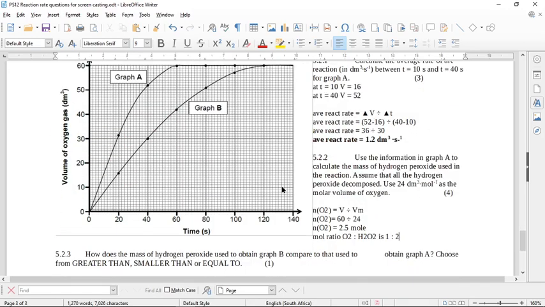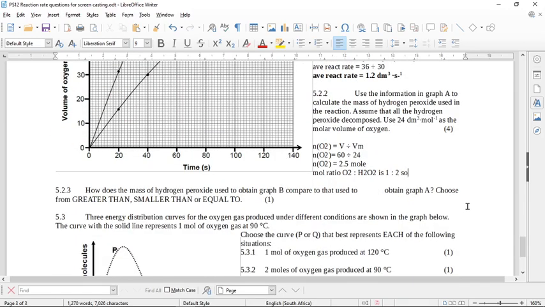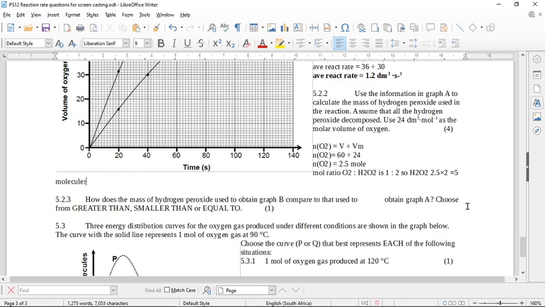So you're supposed to set this out more neatly, but we're running out of page. Okay, so if we've got 2.5 oxygen, the hydrogen peroxide is going to be times by 2, which is going to be 5. Okay, I reckon that we've got 5 moles of hydrogen peroxide.